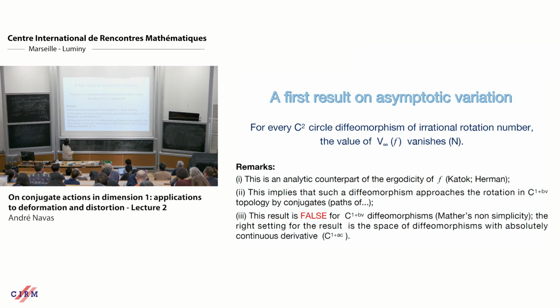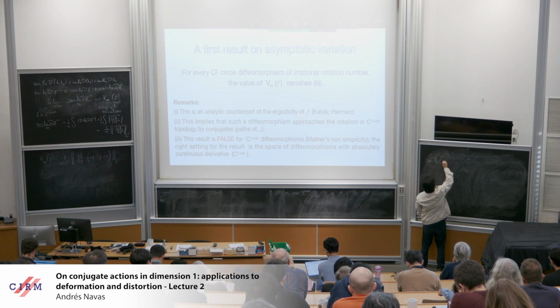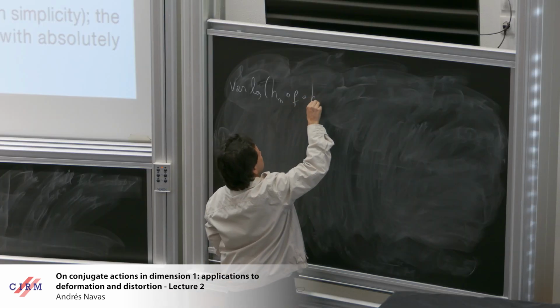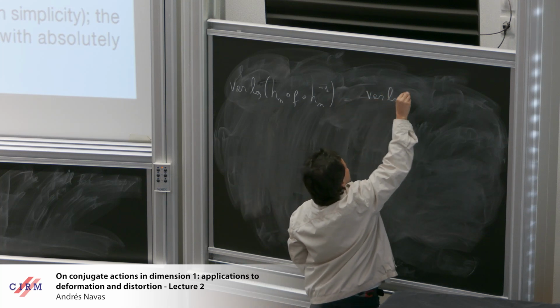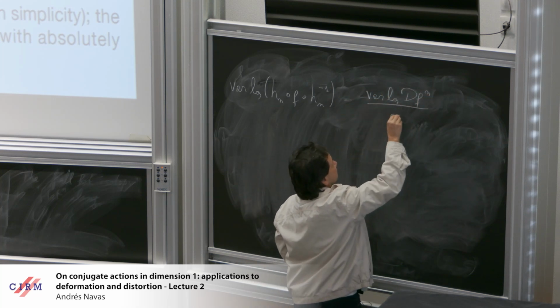So here 2 follows from 1. No, follows from the theorem, I mean. 2, if you know that the asymptotic variation vanishes, then you know that there is this sequence of conjugates Hn for which, again, so here is the formula for the case of 2 commuting maps, but the formula for a single map was that the variation of the logarithm of the conjugates is equal to the variation of the logarithm of df to the power n divided by n.